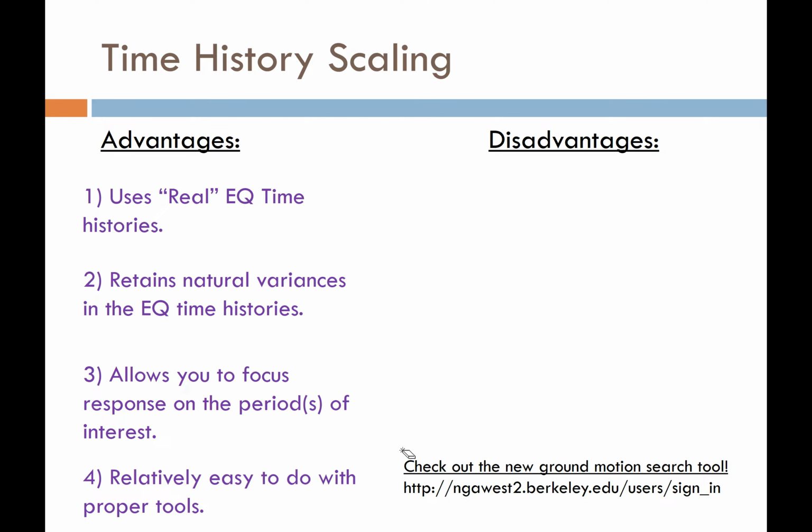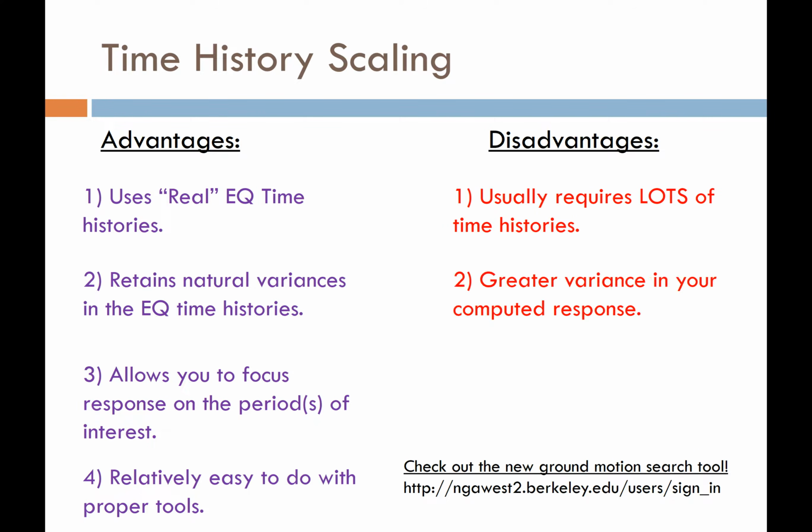There are some disadvantages, though, that we need to talk about. The first disadvantage is that scaling, because there's so much variation, is going to require a whole lot more time history records than if we had time history records that were really tight and close to our target response spectrum. So, the more variation we have, the more time histories we need so that we can capture all the possible variation.